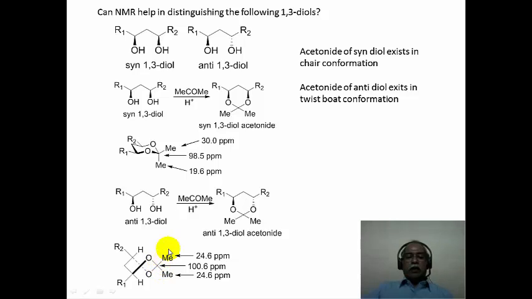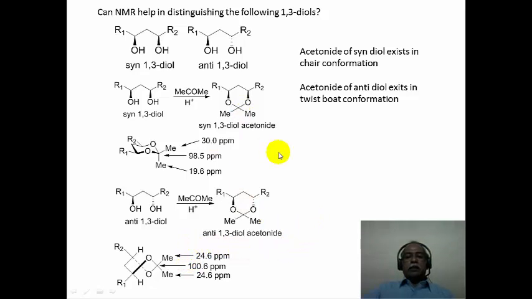The acetonide carbon, of course, comes very close to 98, in other words around 100 ppm. So the distinguishing factor is two methyl signals in this molecule and nearly only one methyl signal in this molecule, because of the shape and the conformation of the derivative that has been made.